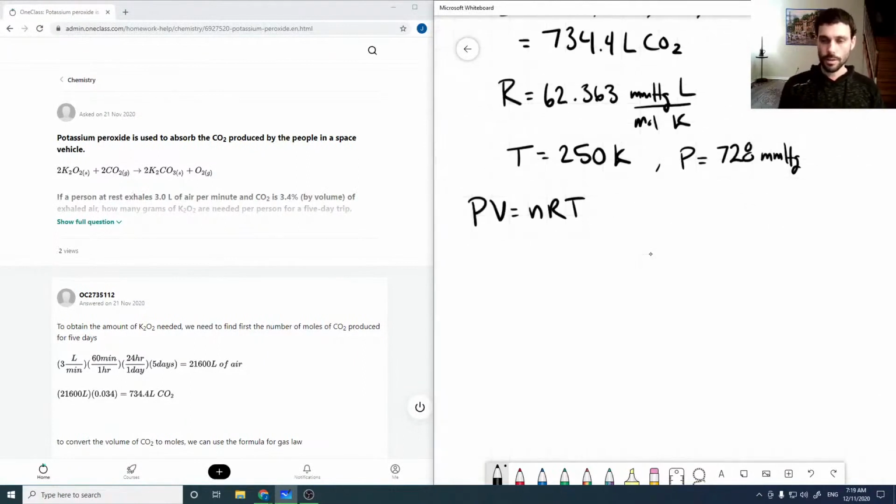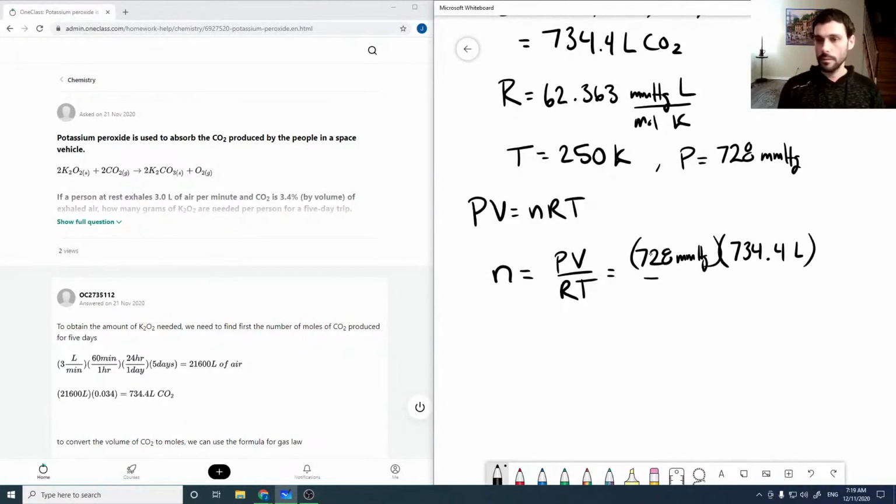So we can rearrange and say that our number of moles is PV over RT, which is 728 millimeters mercury, our volume that we computed above, which is 734.4 liters, over our gas constant, which is 62.363 in our appropriate units, and our temperature, which is 250 Kelvin.